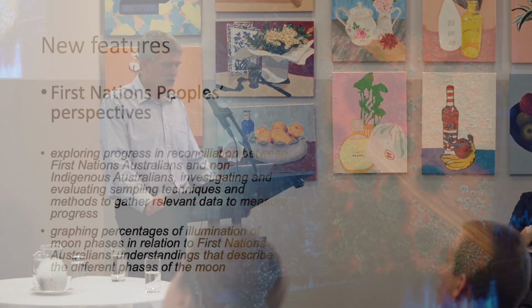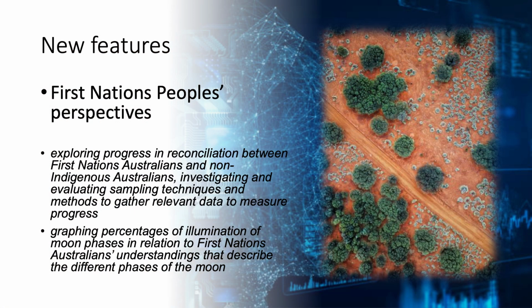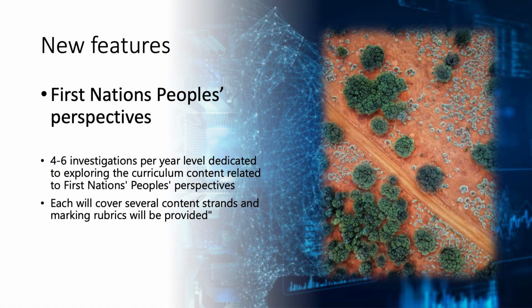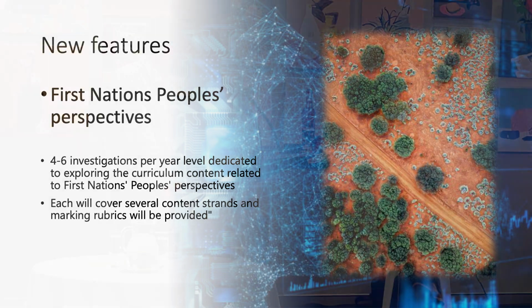As I mentioned before, there were 30-odd references to the words First Nations, so this is something that we wish to address as well. There are 2 examples of the elaborations in the Australian Curriculum V9 mathematics curriculum. Now, Scott, we decided that we'd also address this by coming up with a number of activities, around 4 to 6 activities, I believe, per year level, and each of those activities to cover the content descriptors of the new Australian curriculum.